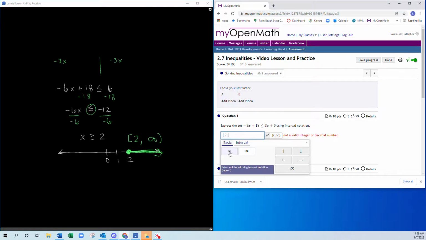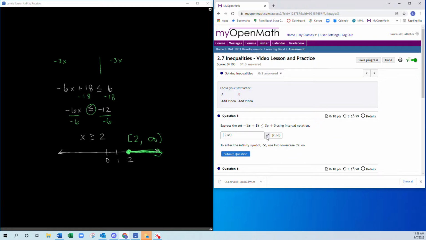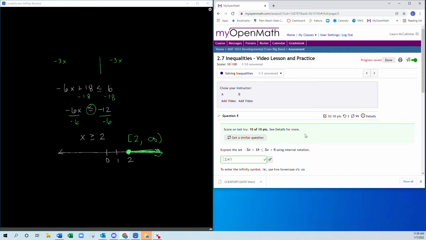Or you can type in 2 O's, and that gives the infinity symbol. Remember, the infinity symbol always gets your parenthesis. And there we have it. You can go ahead and submit your question, and that is going to be correct.